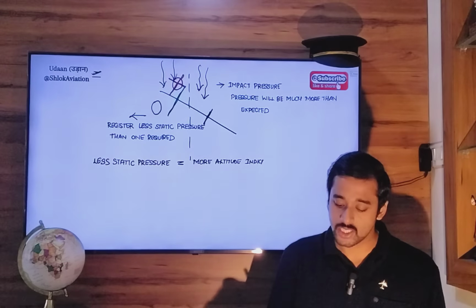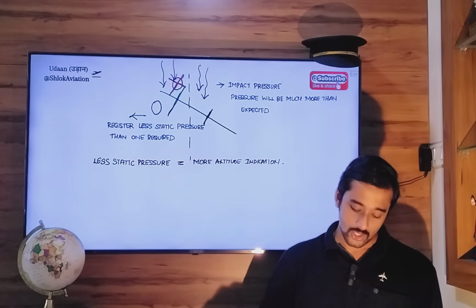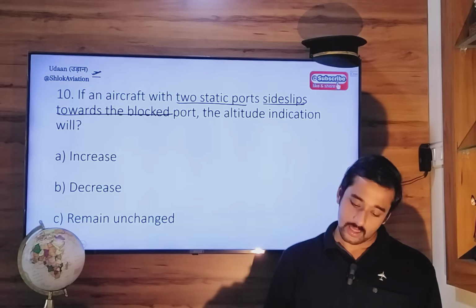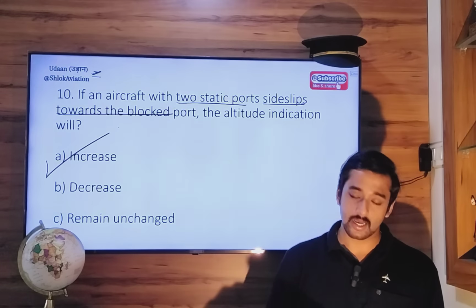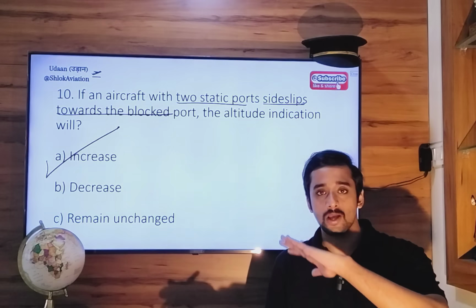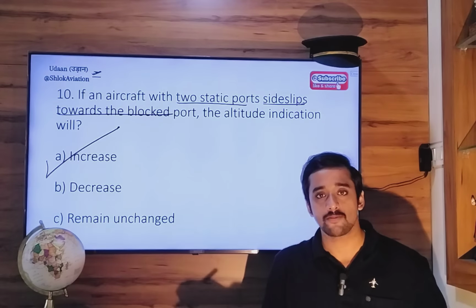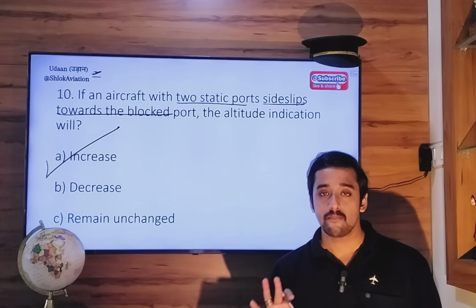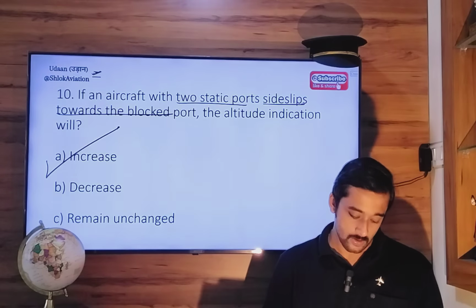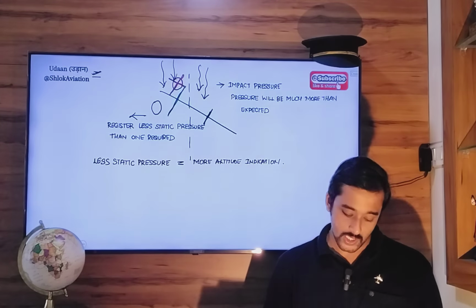So over indication will happen. So the correct answer here will be the altitude indication will increase. You may be flying constant at 4,000 feet, but the altimeter will show something more than that, depending on the magnitude of error. Okay. So this concludes our lecture.